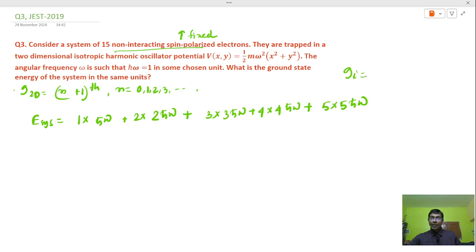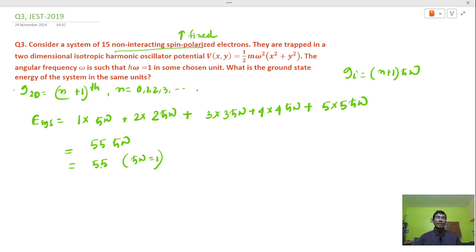Basically g_n equals n plus 1. After we calculate, we get 55 h cross omega, so 55 is our answer, because h cross omega is 1 by the question.